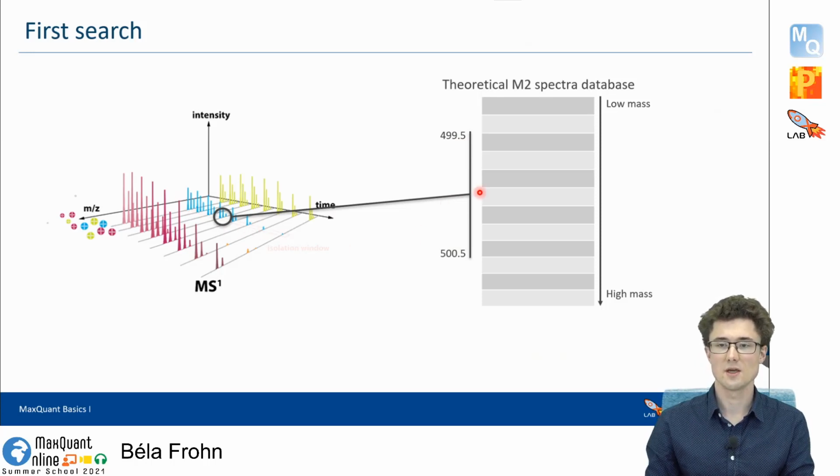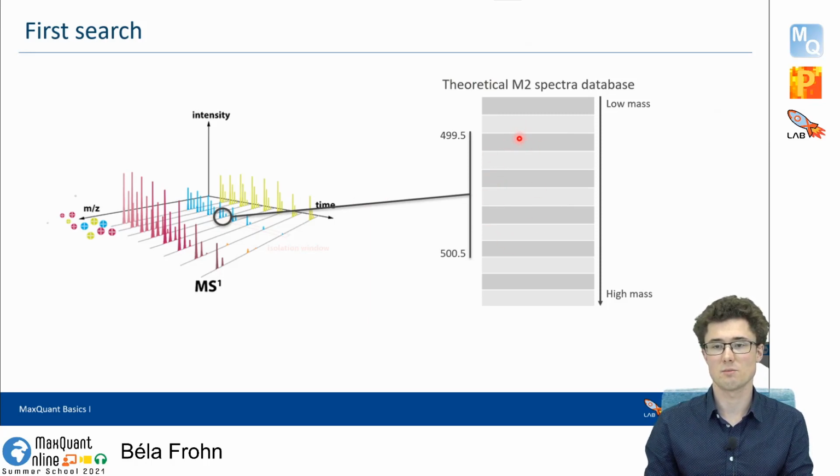So this is a database. The search is based on the Andromeda search engine, which there will be a separate talk about, so I will not cover it here in detail. But basically, this database stores theoretical M2 spectra. And what we do is take the M2 spectra which we measured here and compare them to the spectra of the database.